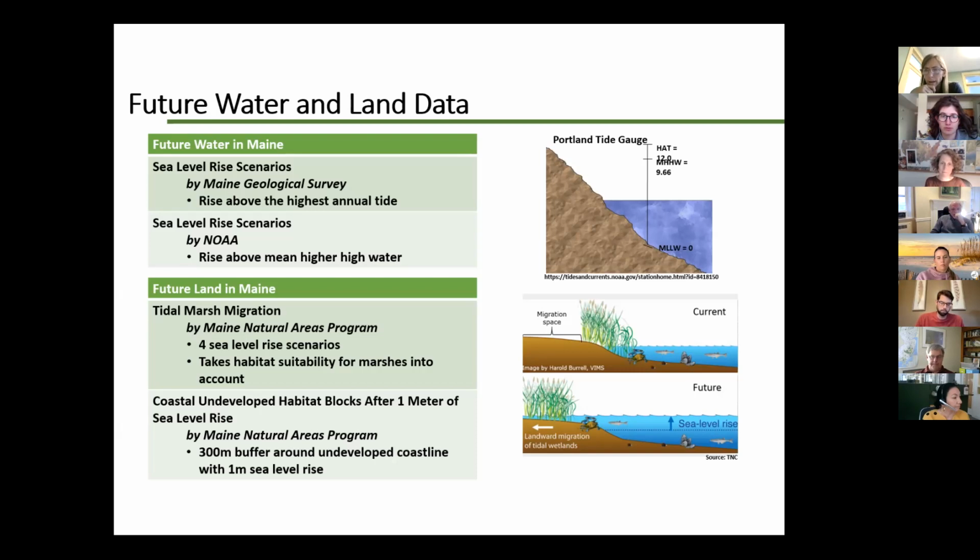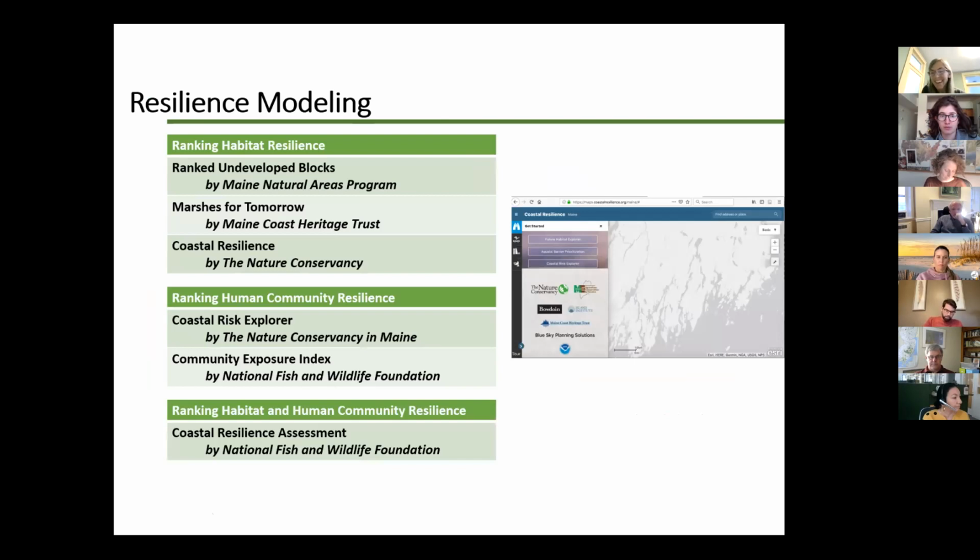They had some localized analyses that mapped tidal marsh migration areas in Maine using 4 sea level rise scenarios. They had an exercise that Maine's Natural Areas Program had gone through to map out coastal undeveloped habitat blocks. And then they had this resilience modeling.